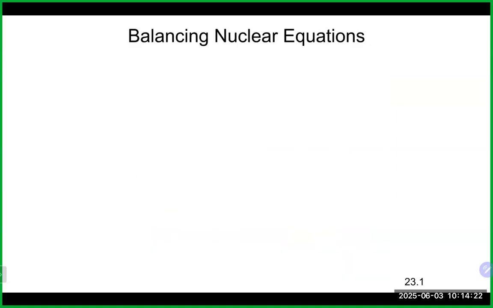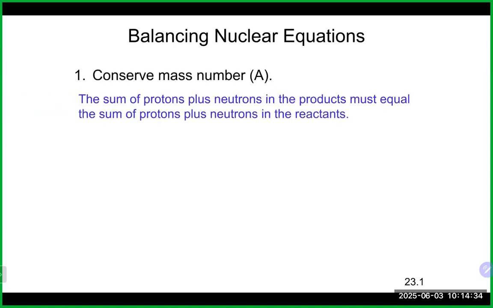Now, balancing nuclear equations is extremely hard, because we don't have the conservation of the elements. By the way, I'm lying. It's super easy. You just have to add. If you know how to add, you should be in good shape. How we balance a nuclear equation is different from how we balance a chemical equation.